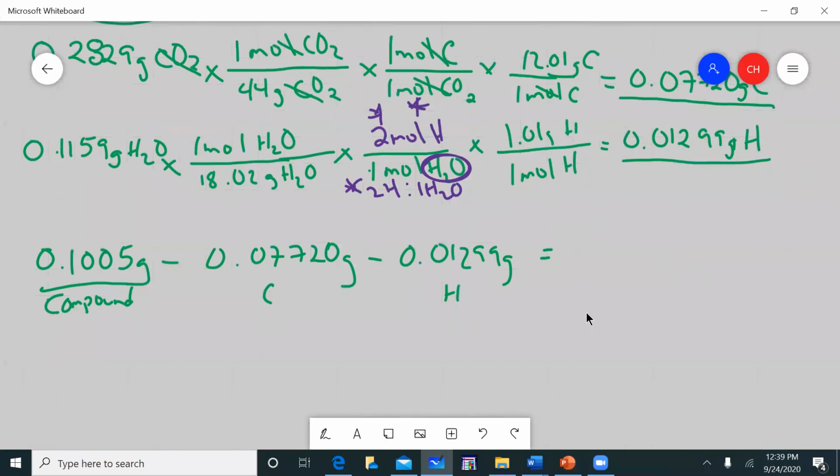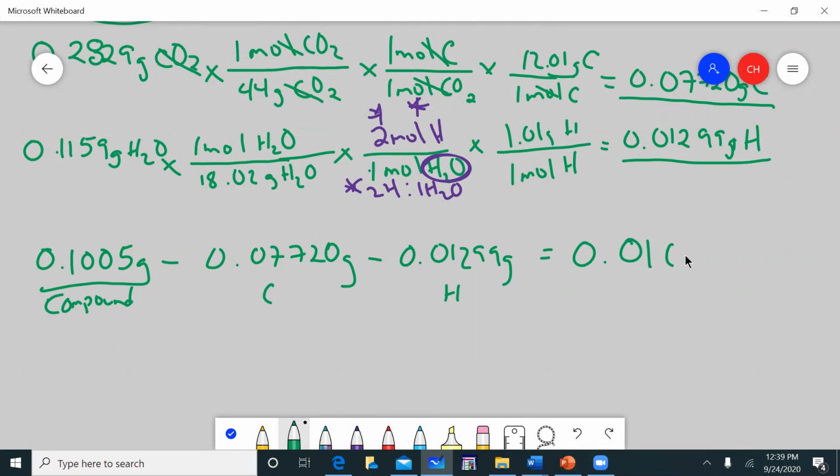Then we do that simple subtraction, and we end up getting 0.01031 grams of oxygen. Awesome. Now I have grams of carbon, grams of hydrogen, and grams of oxygen. This is where we can start working through the empirical formula system.